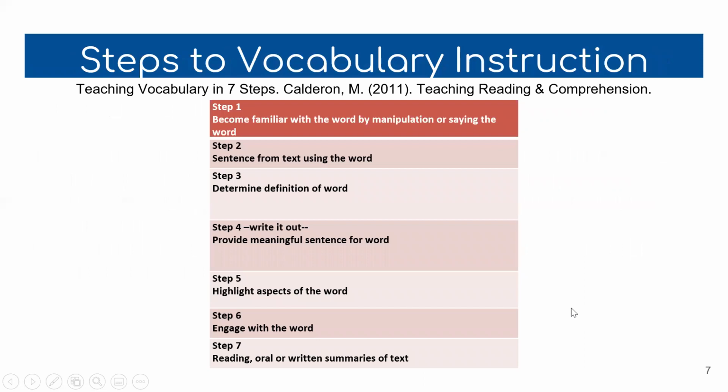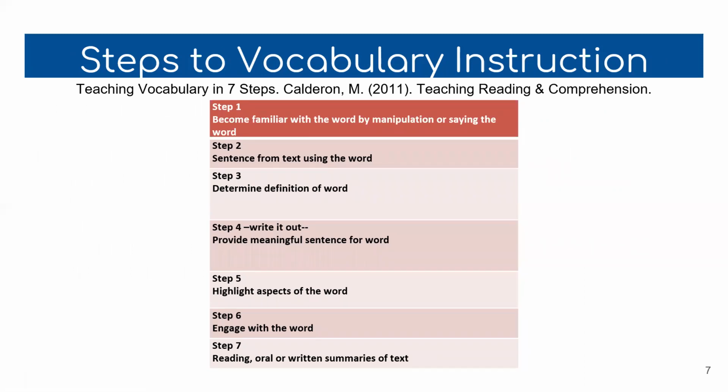The first strategy is the 7 steps by Calderon, which is an excellent strategy for those students who are identified as SPED or even ESL. Why is that? Because Calderon tells us that the scaffold of these 7 steps will help students acquire and associate vocabulary to help them further along the line of fluency and comprehension.